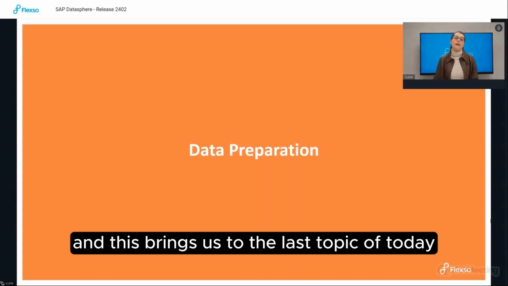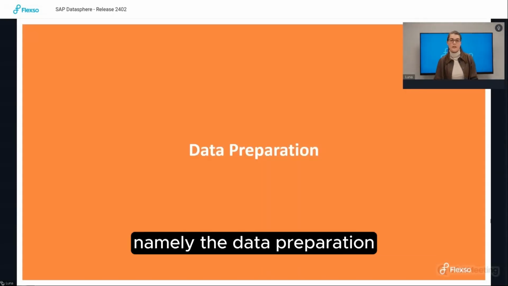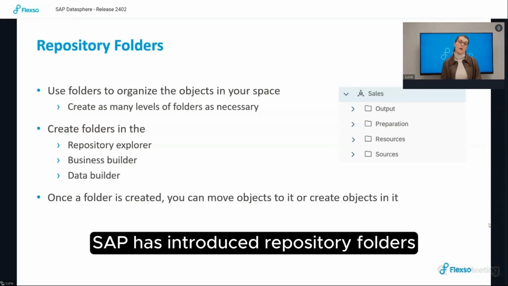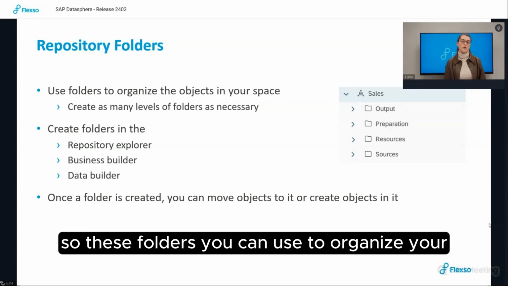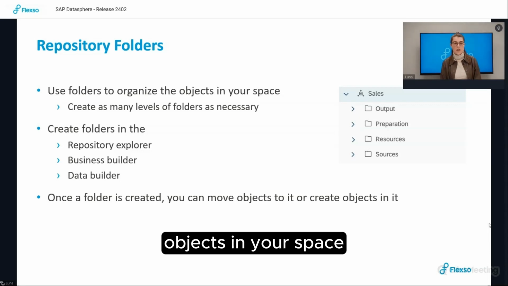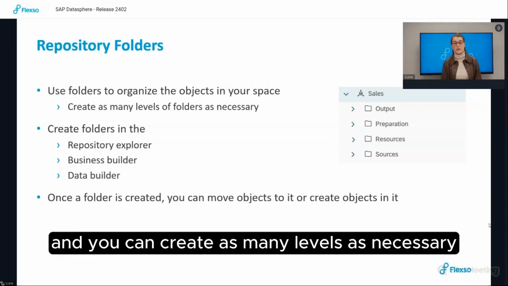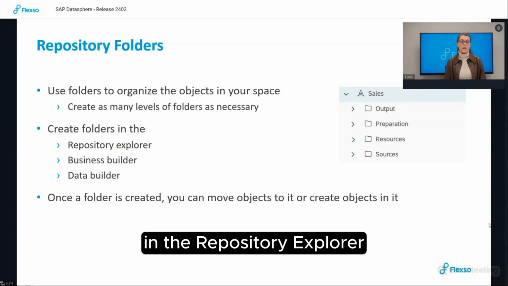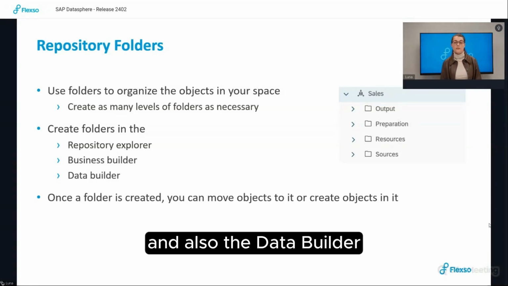And this brings us to the last topic of today, namely the data preparation. And for data preparation, SAP has introduced repository folders. So these folders you can use to organize your objects in your space. And you can create as many levels as necessary. And these folders can be created in the repository explorer, the business builder, and also the data builder.